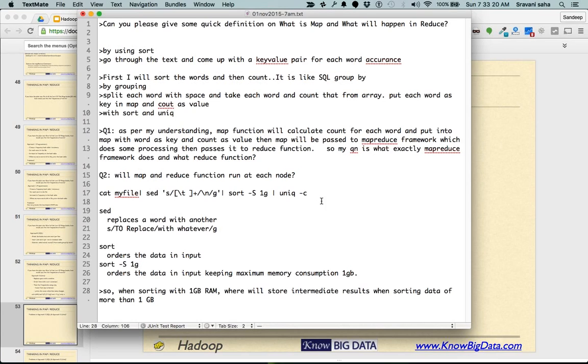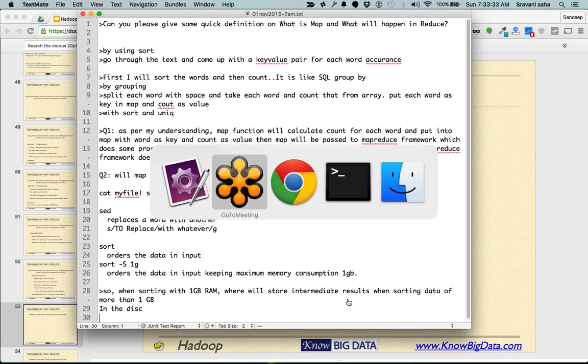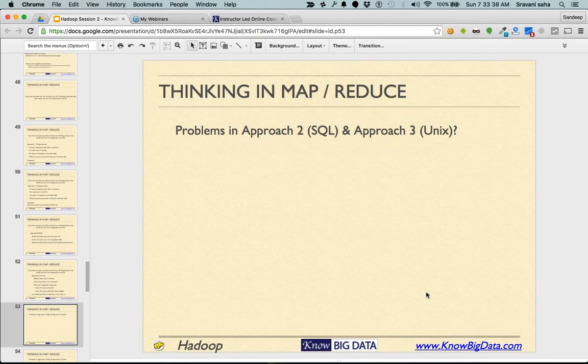Now there is a question from Harita. When sorting with 1 gigabyte of RAM, where will it store intermediate results, in the disk? Alright. So all it will do is sort the data 1 gigabyte at a time, and then after sorting it, it will merge all of the data and give you the results.